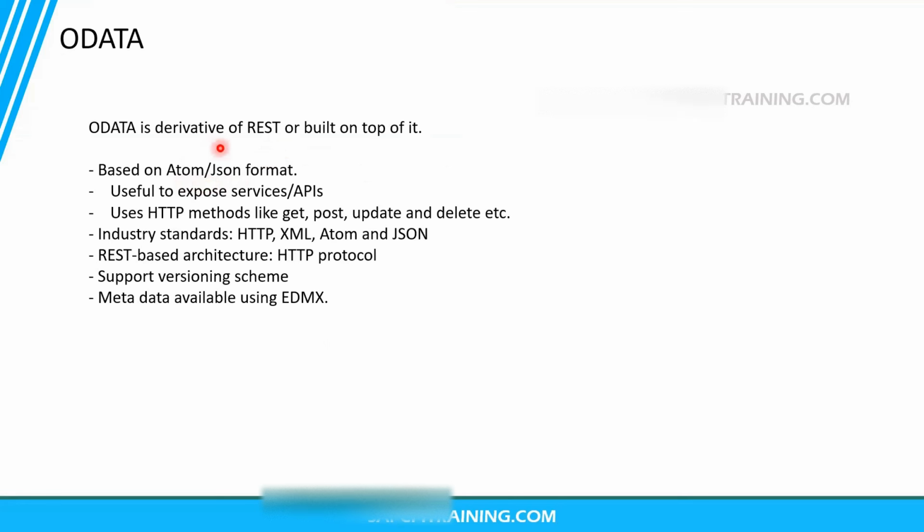So if you want very lightweight applications, you can use JSON. Okay, so the response would be very fast. JSON is very light compared to XML. Okay, so that is how OData works on Atom and JSON both. So that's why OData is gaining more popularity.